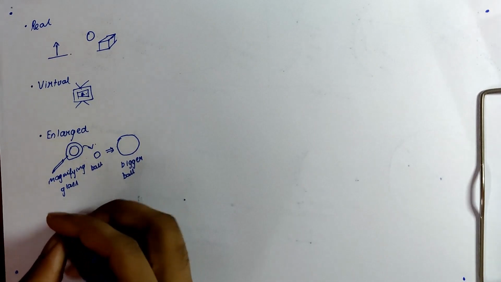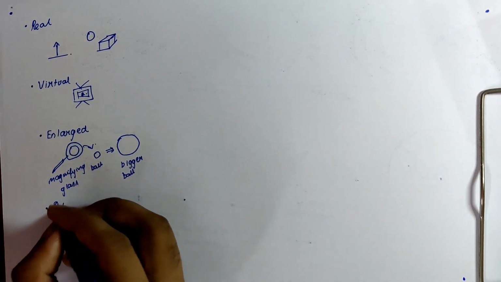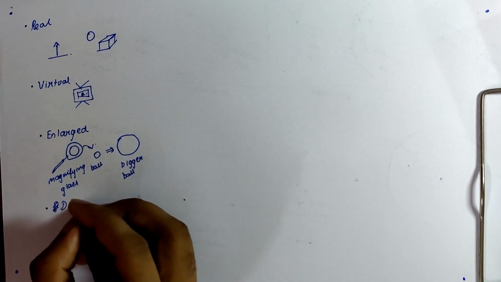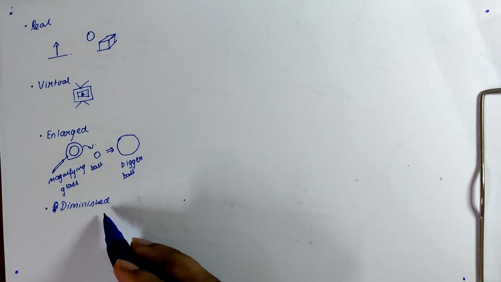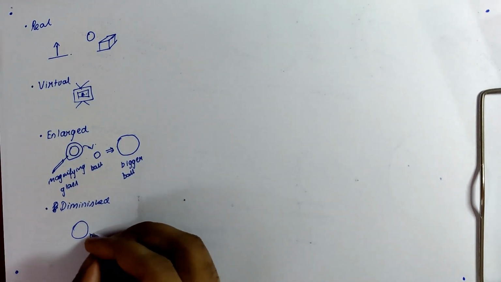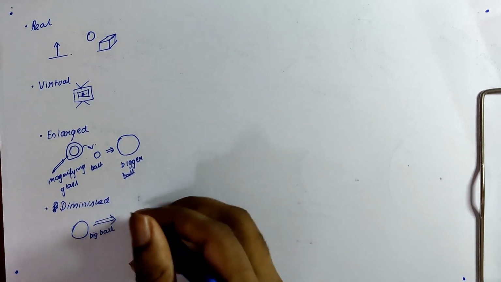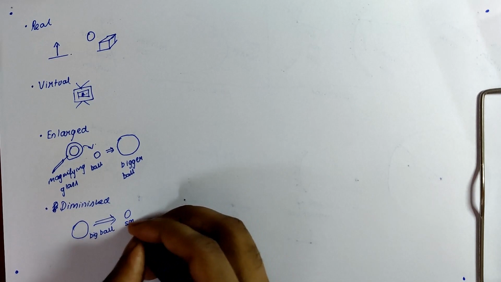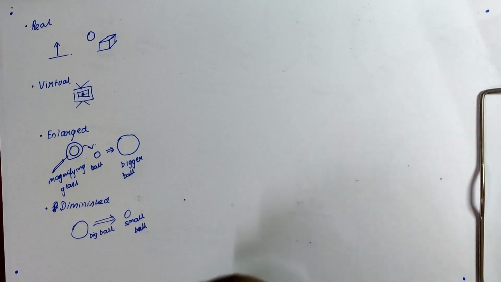Now let's go to the diminished image. The diminished image is just the opposite of it. You have a bigger ball which will turn into a small ball. Now that's diminished. Now let's take a look at erect and inverted.